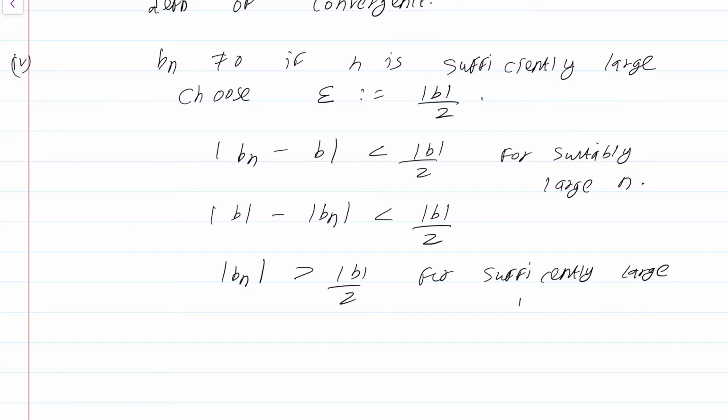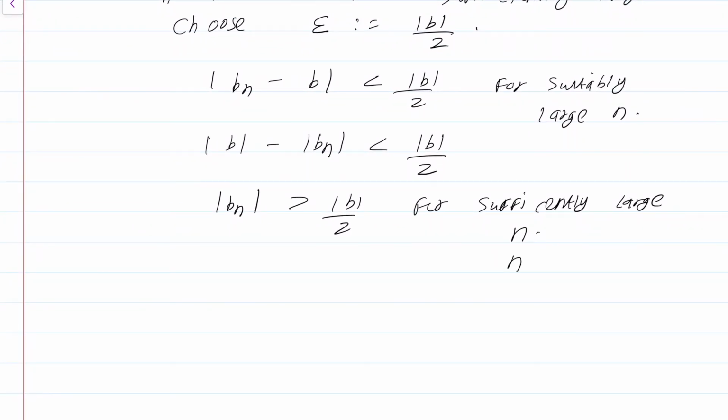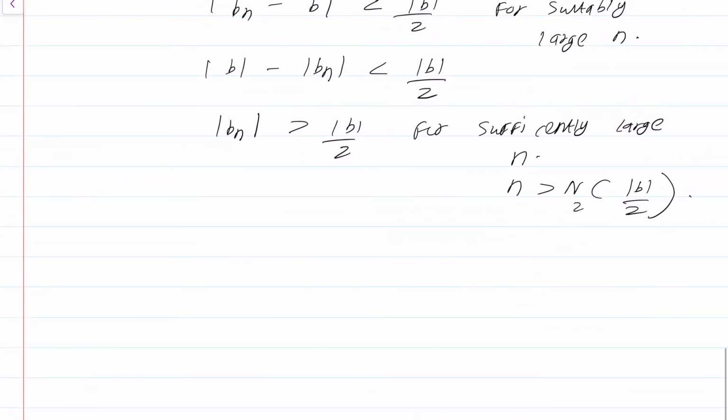In fact, we know what this n is going to be. This is just n greater than N2 of |b|/2. This will work. Okay, so that means that b_n is not 0 for sufficiently large n, simply because |b| is not 0.